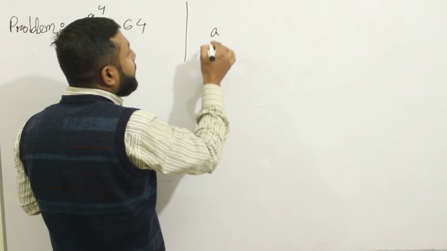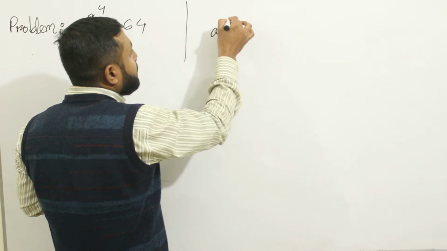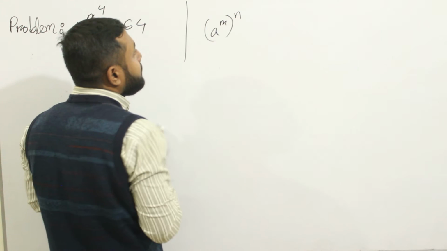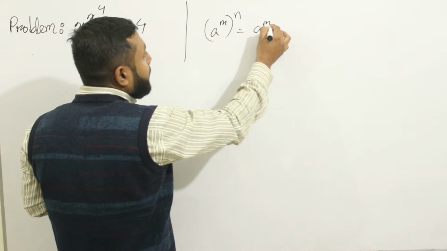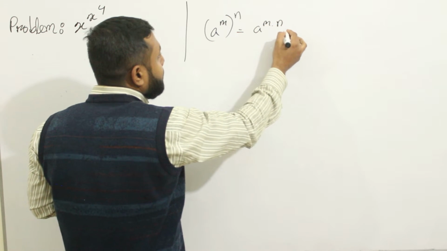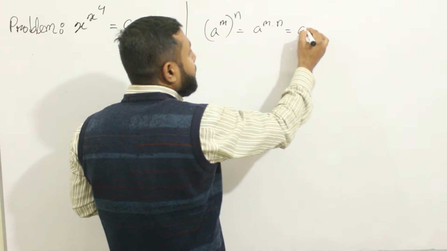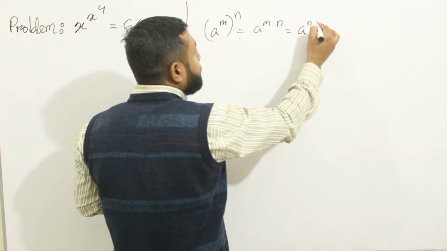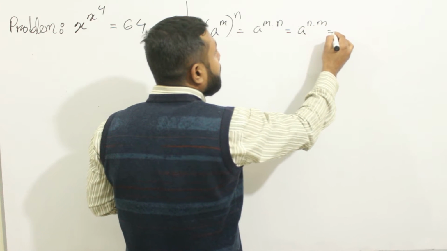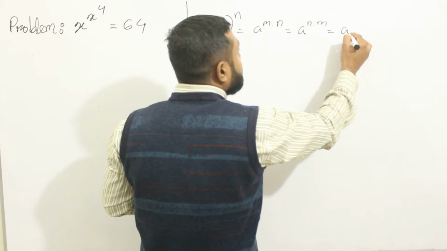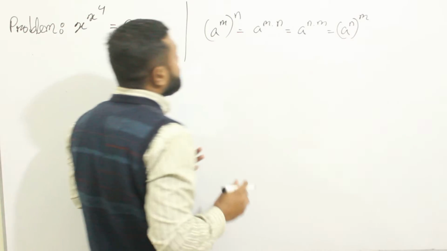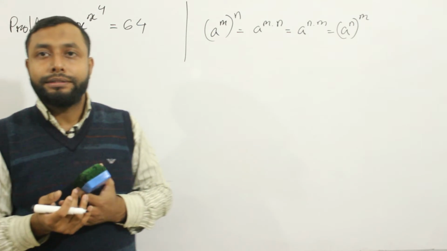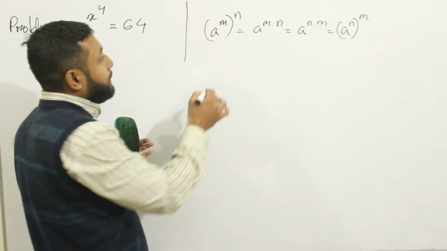We may state a to the power m to the power n is equal to a to the power m into n, is equal to a to the power n into m, is equal to a to the power n to the power m. So here we simply can simplify the problem.